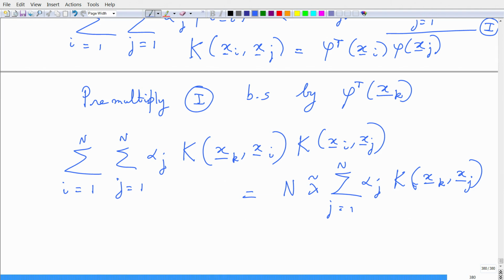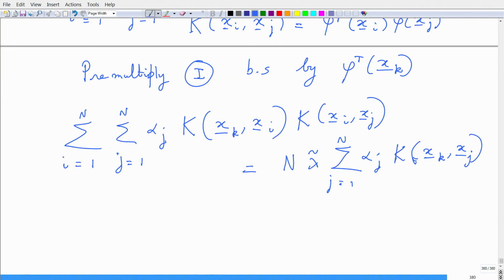I can figure out the alpha j from my alpha vector by picking out the jth coefficient. So this is straightforward. There are some interesting points here.